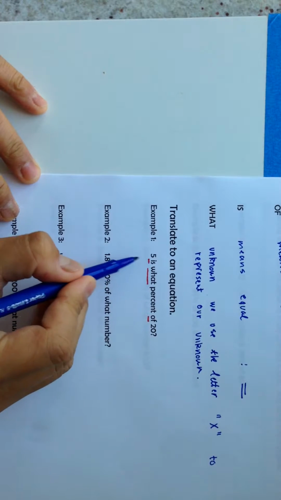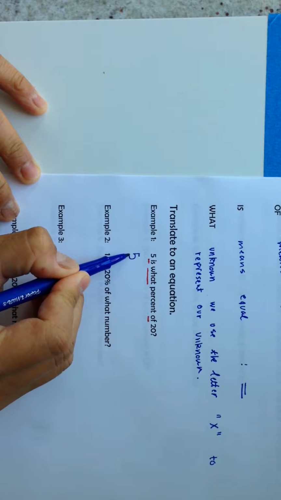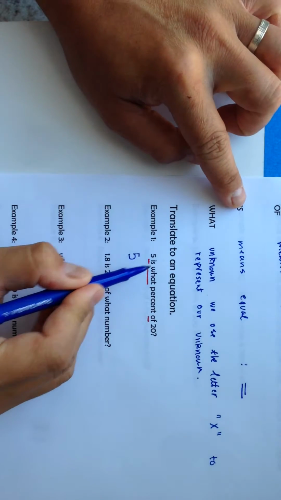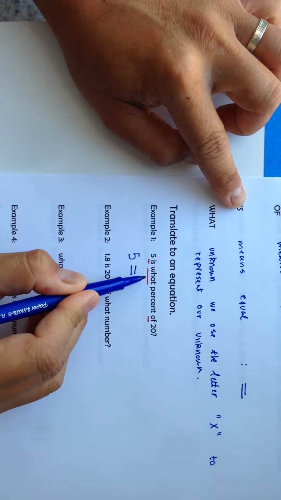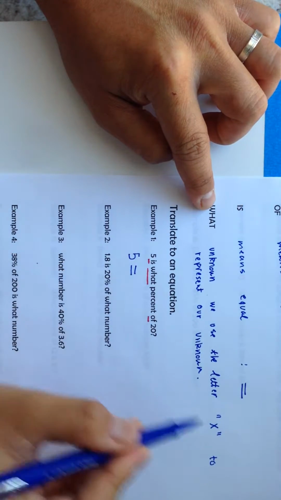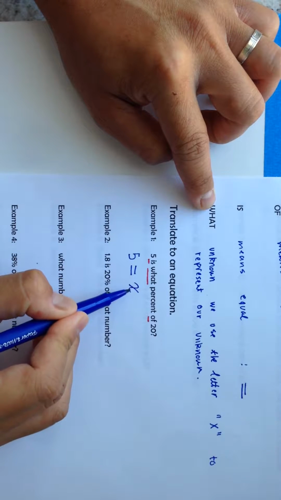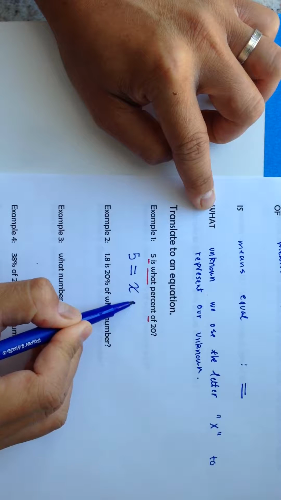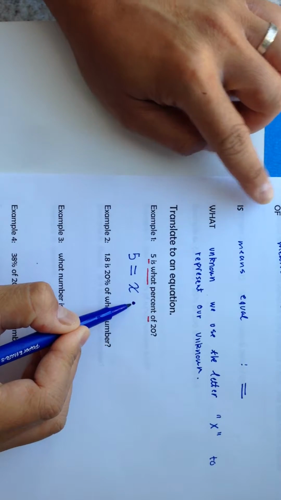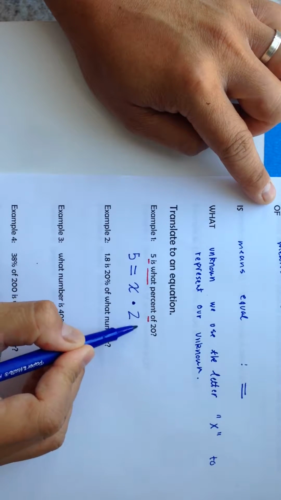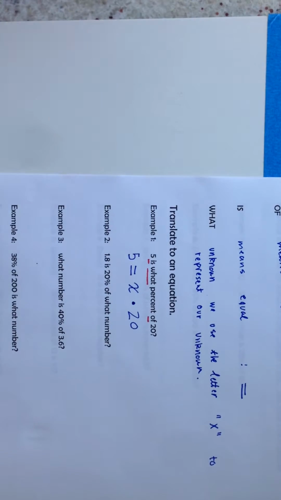So example 1: 5 is what percent of 20. "Is" means equal. "What" means the unknown, so I'm going to use the letter X. "Of" means to multiply 20. So we translated it.